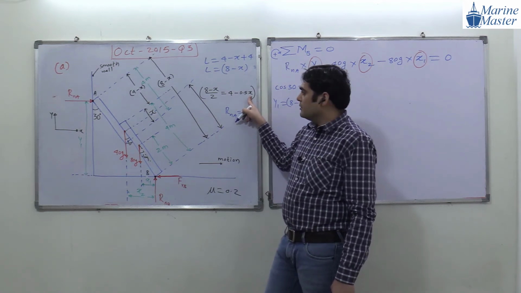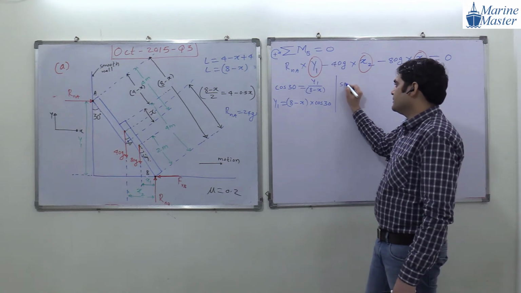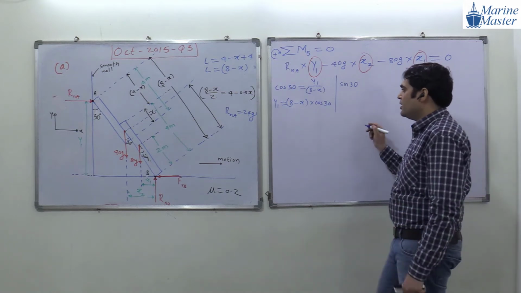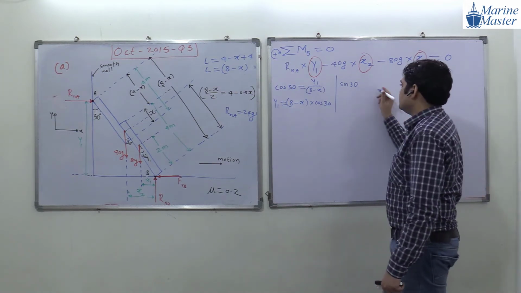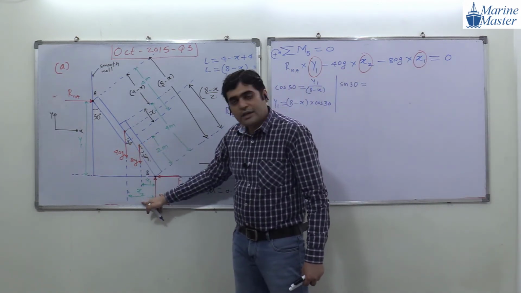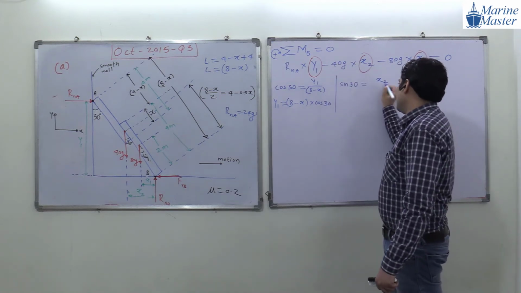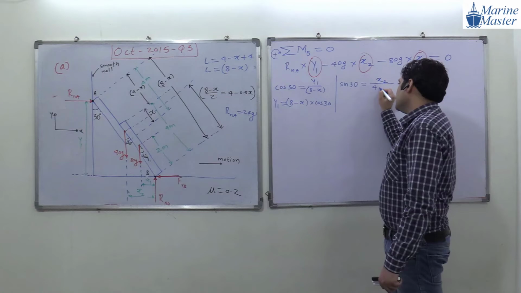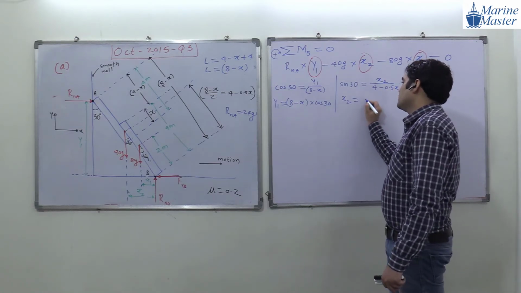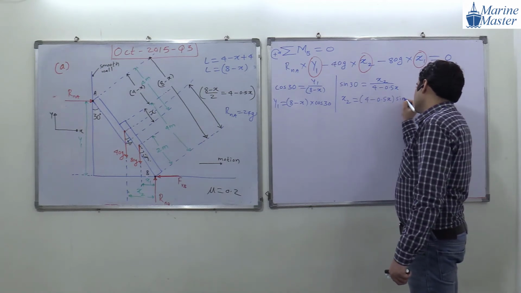So sin 30 will be equal to x2 by 4 minus 0.5x. So x2 will be equal to 4 minus 0.5x, times sin 30.